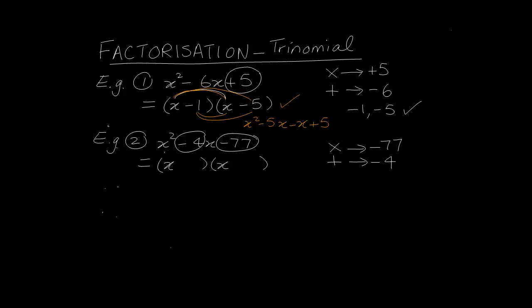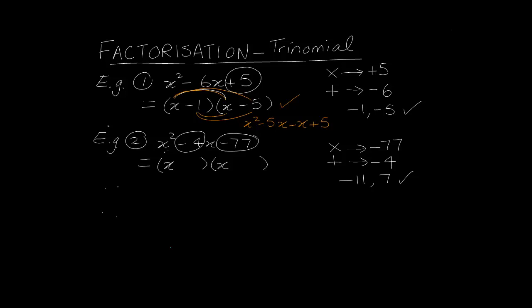Thinking of the factors of 77, the obvious ones would be 11 and 7. So let's try negative 11 and 7. They certainly multiply to give me negative 77, and negative 11 plus 7 will give me negative 4, so that fits both of those criteria.